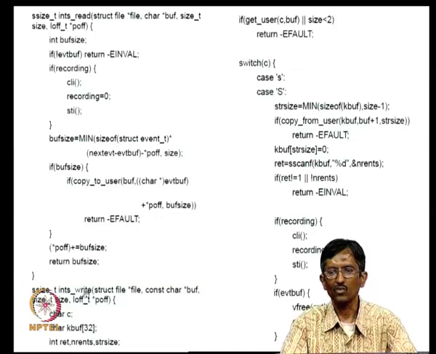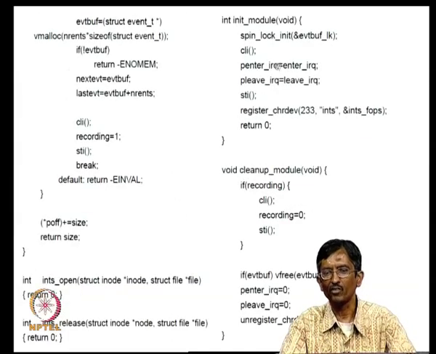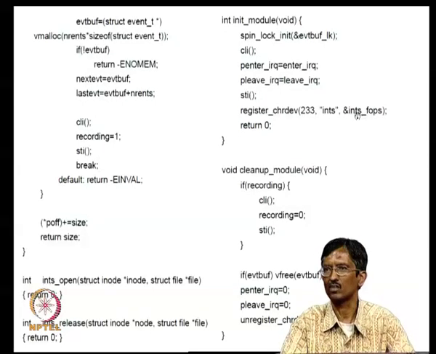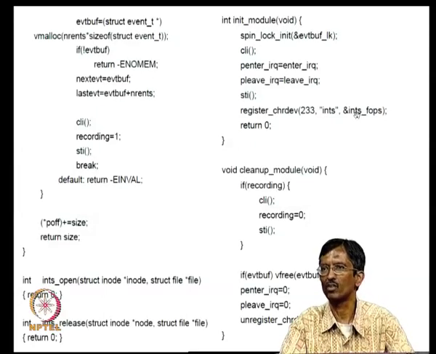Basically, I am going to register the device, and then I am going to give it a name and major number, and I am going to set the corresponding routines for what I mean by read, write, open, close, all those things, and that is being decided by this set of function pointers.